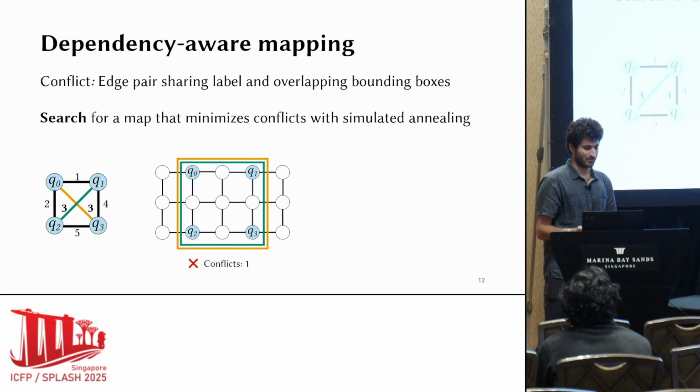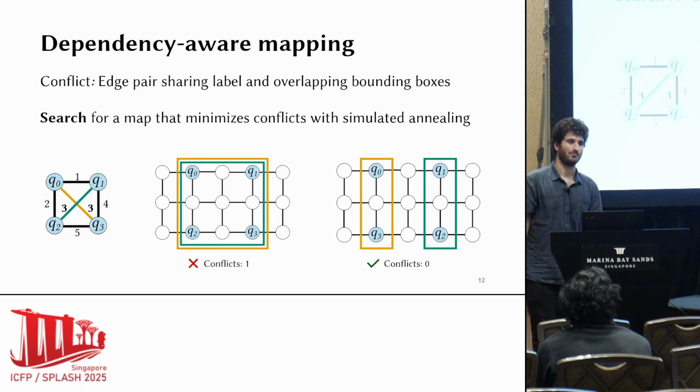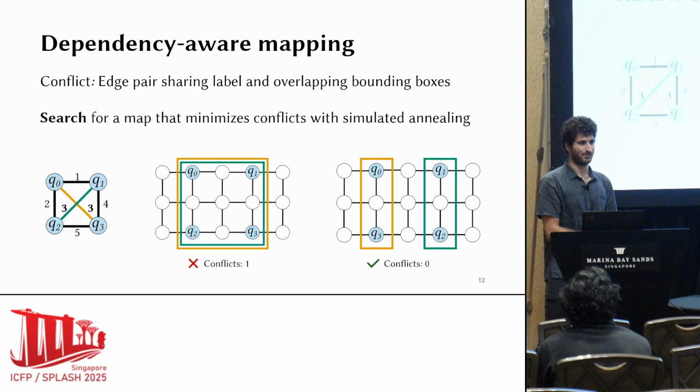Here is one potential mapping of some qubits onto an architecture, and we draw the bounding boxes for each of these operations, which turned out to actually exactly coincide, so we have one conflict. On the other hand, if we choose this different mapping, the bounding boxes are now disjoint, so we have no conflicts. It turns out that with this second mapping, we can route these gates in parallel, but with the first one, we can't. So our conflicts were able to capture that difference between these two mappings.